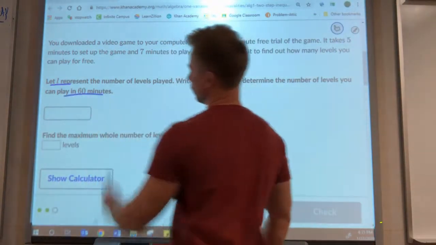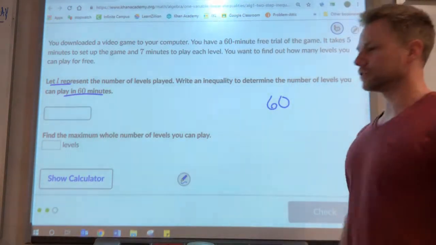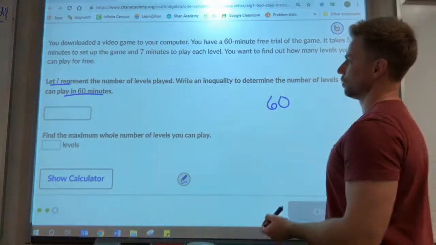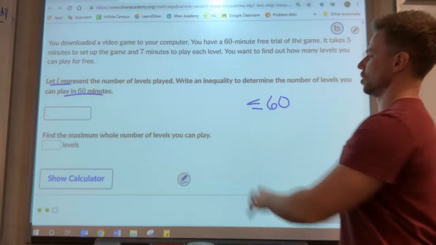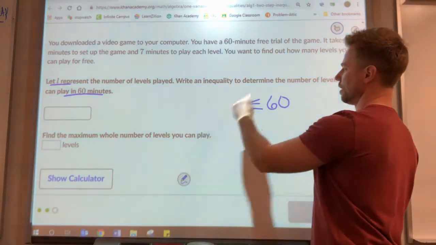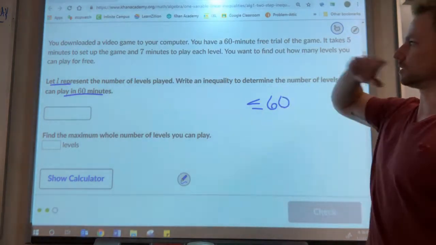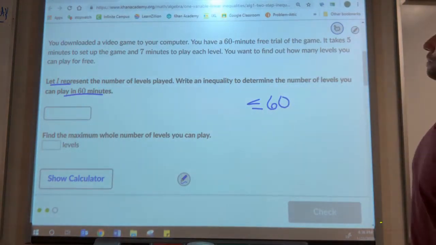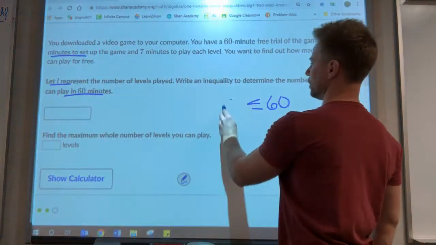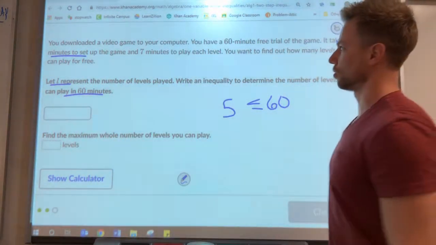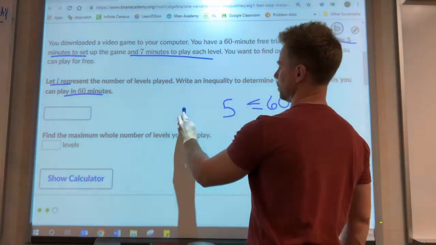Okay, so our total from the context of the problem is 60 minutes. Could we go over 60 minutes? No, but we could go under 60 minutes or exactly 60 minutes. So however much we play has to be less than or equal to 60. We cannot go over our 60-minute free trial. Okay, it takes 5 minutes to set it up. We're only going to do that once. That's part of our total. And then 7 minutes for each level.